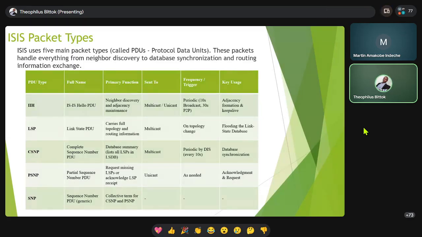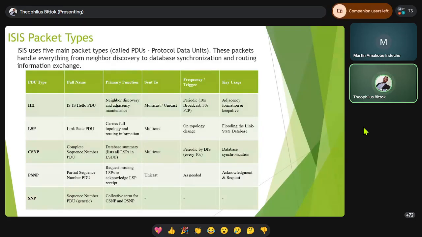Such that whatever we have in the library catalog, we also have the book on the shelf. So basically anything that is missing is what is going to be covered in the PSNP.